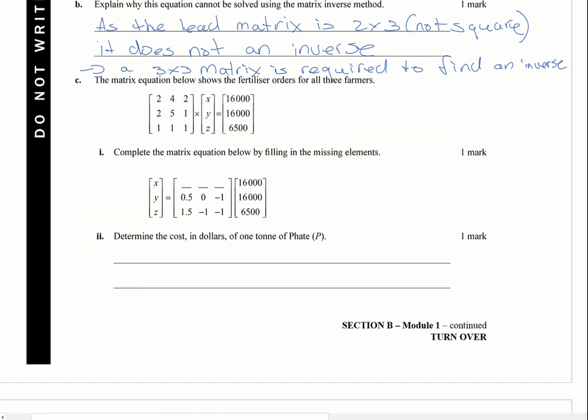The matrix equation below shows the fertilizer orders for the farmers. It says complete the matrix equation by filling in the missing elements.